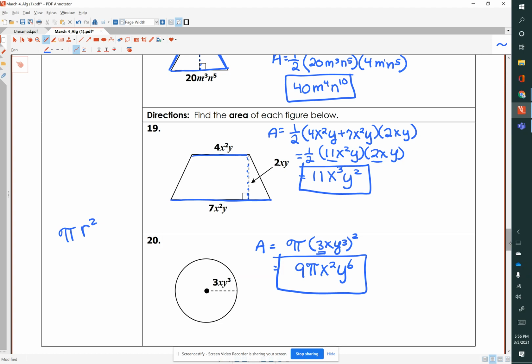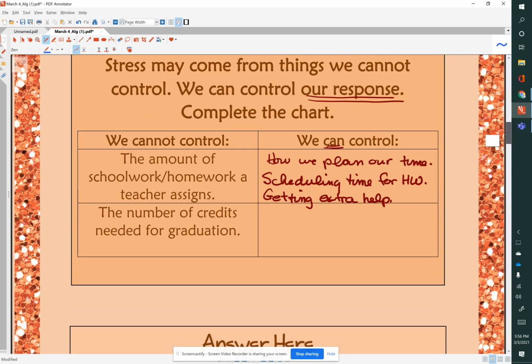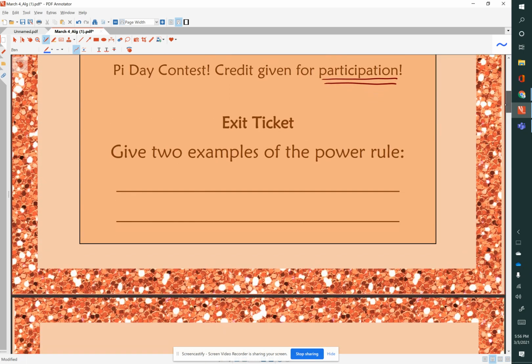So let's go back to our exit ticket. So 2 examples of the power rule. How about I use my initial, g to the 3rd power, because my birthday is on June 3rd, raised to, let's say, the 10th power would equal g to the 3 times 10 power, which would equal g to the 30th power.